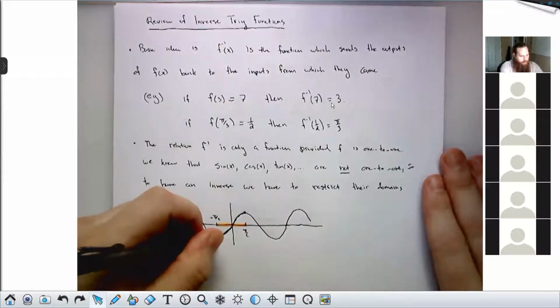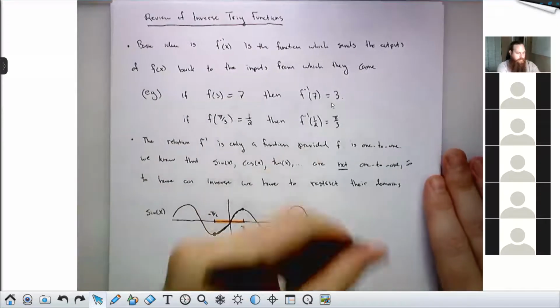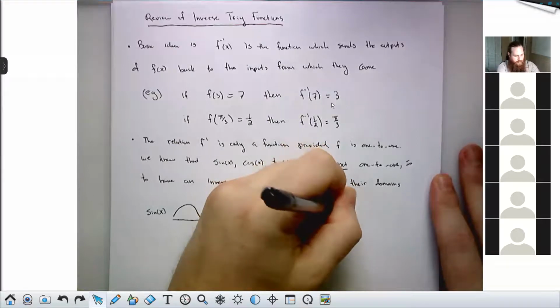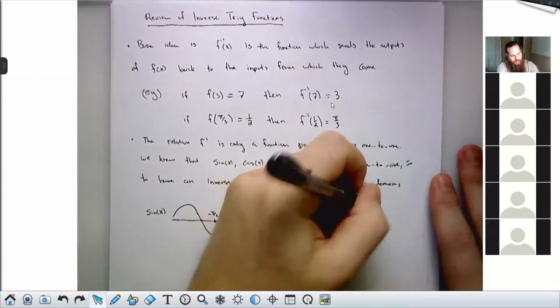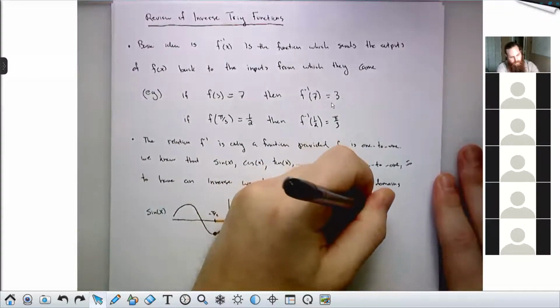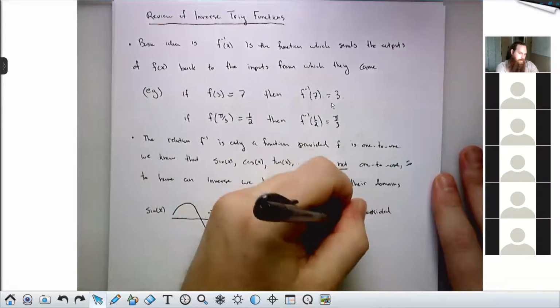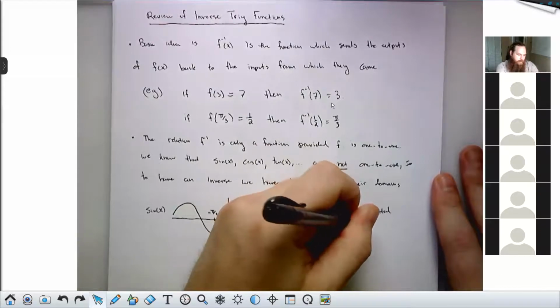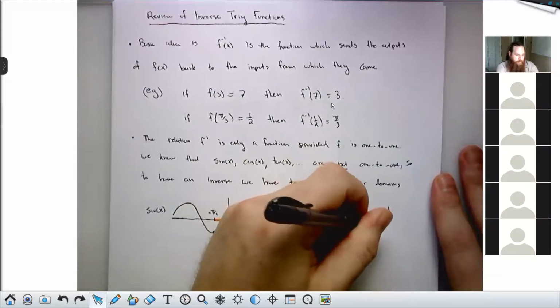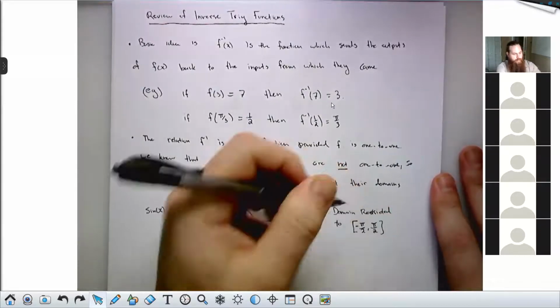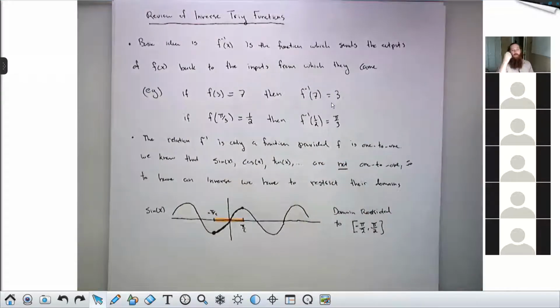So the domain restriction for the sine function is the closed interval negative pi over 2 to positive pi over 2. And on that interval, the sine function is 1-to-1, so we can construct its inverse.